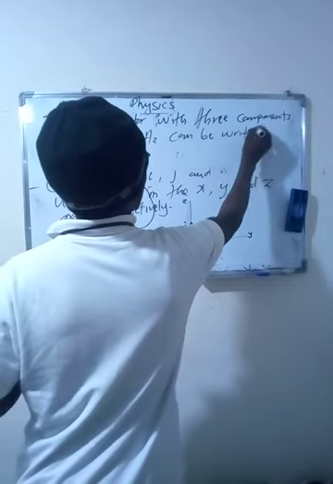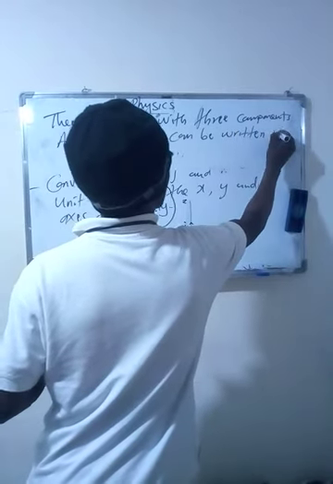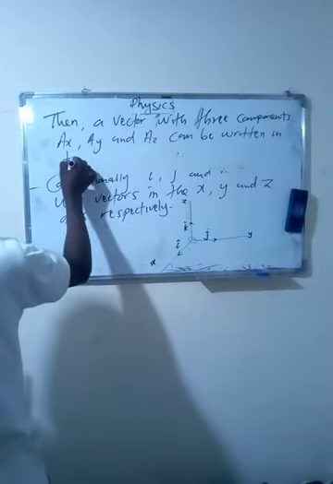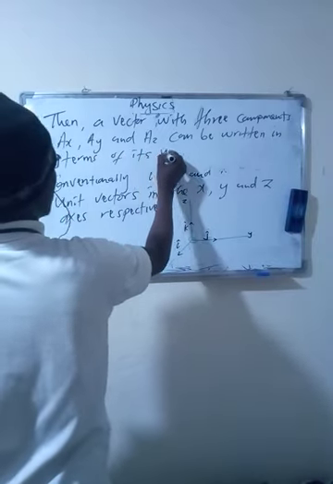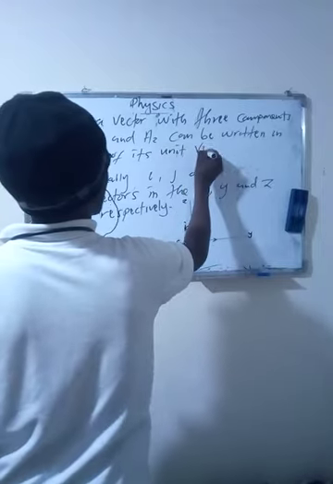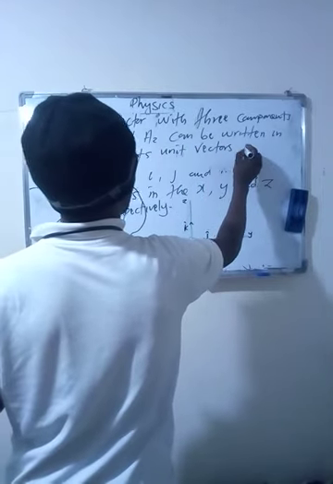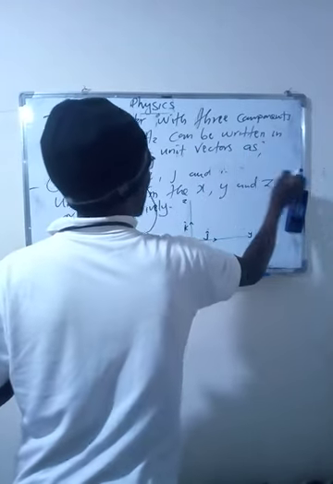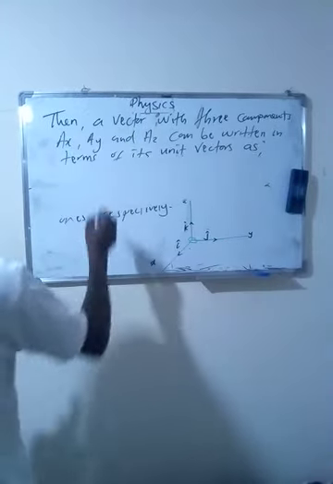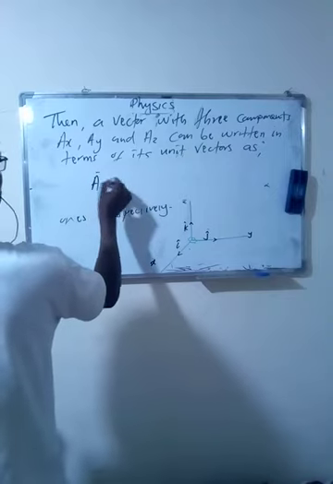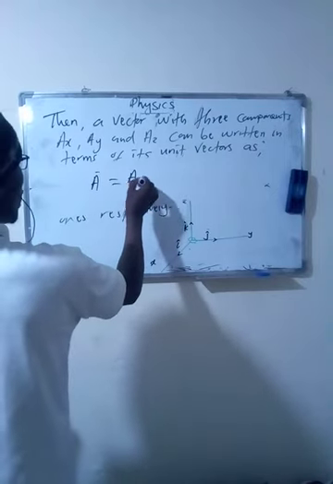How do we write it in terms of its unit vectors? We say that the vector A is going to be equal to ax I plus ay j plus az k.